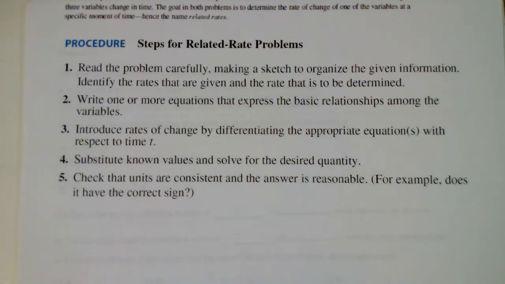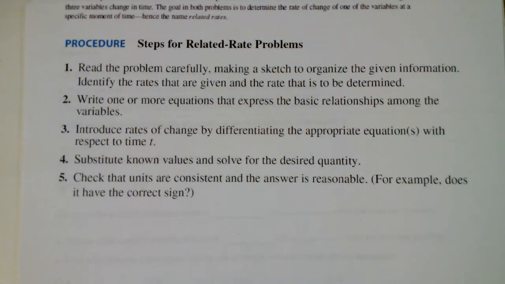Number two, write one or more equations that express the basic relationships among the variables. Number three is to introduce rates of change by differentiating the appropriate equation with respect to time t, because you're always going to take the derivative of both sides of the equation with respect to time.